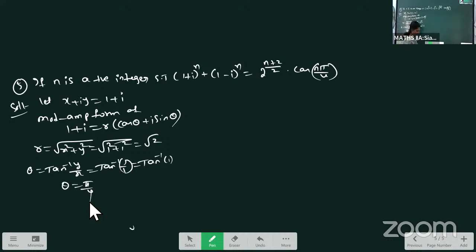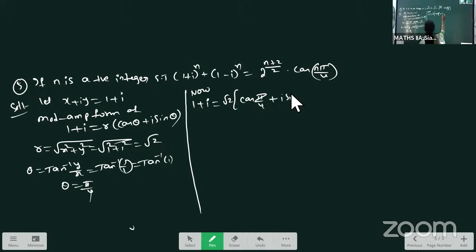Next. Now, we want to find 1 plus i. 1 plus i is what? r, which means root 2, into cos theta, theta meaning pi by 4, plus i sin theta, also pi by 4. We want 1 plus i whole to the power n.